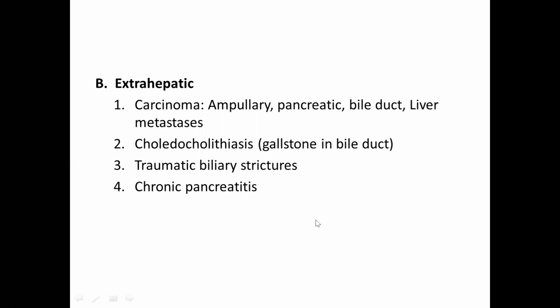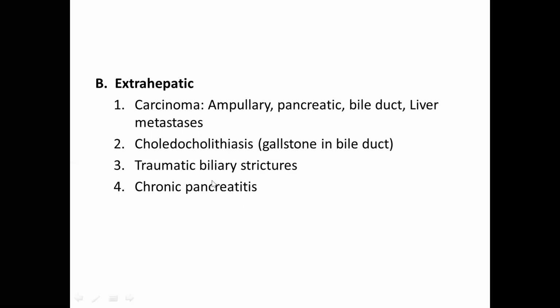The next one is extrahepatic obstruction. It includes obviously malignancy, that is carcinoma. It may be ampullary, pancreatic, bile duct, or liver metastasis. Second reason is choledocholithiasis, that means there is formation of gallstones in the bile duct.